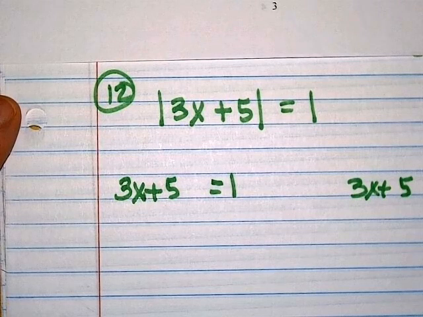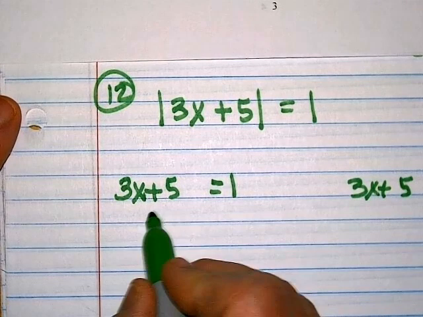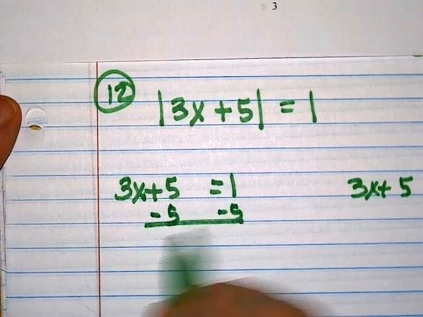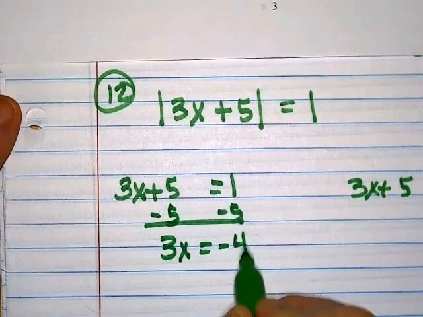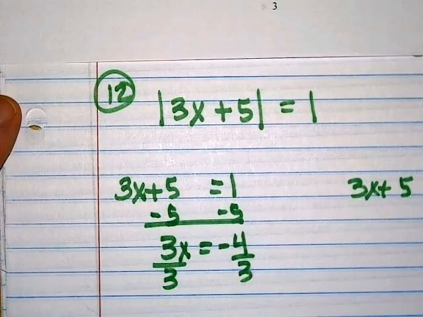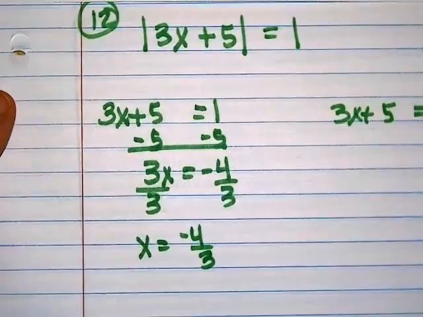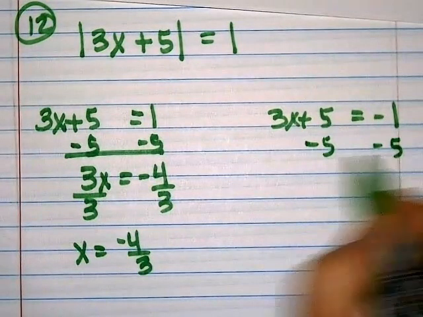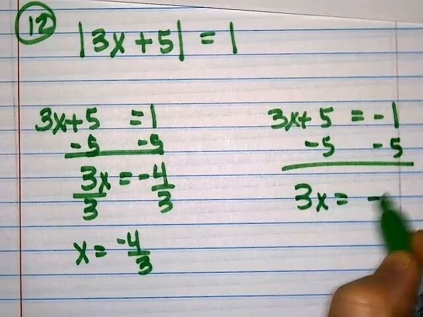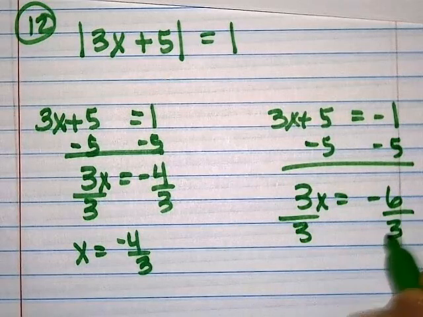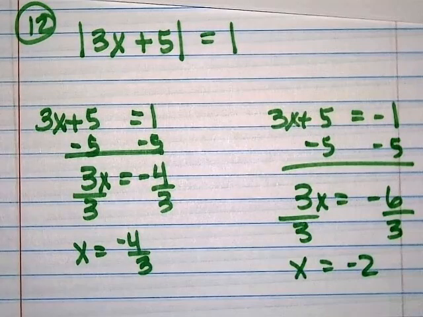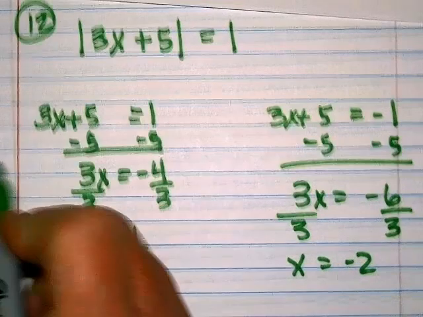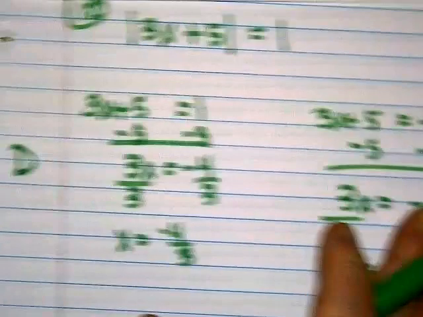Well, first you subtract 5. So 3x equals negative 4. X equals negative 4 over 3. Okay. And the next one? So number 12, the answer is D.